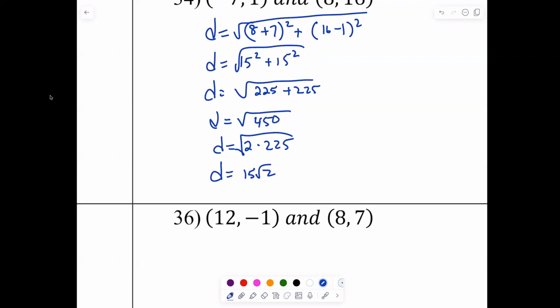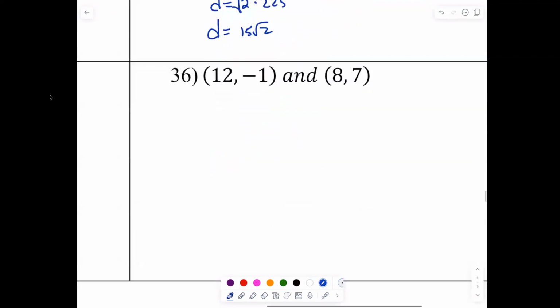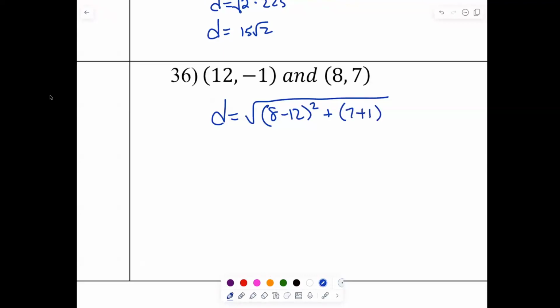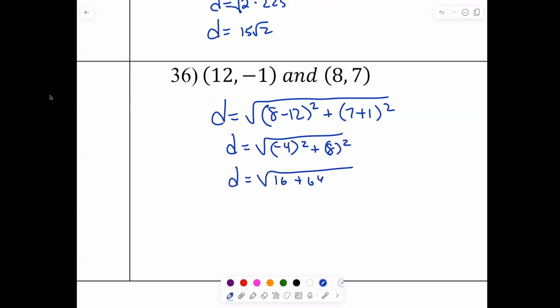All right, let's knock out 36. D equals the square root of 8 minus 12 squared plus 7 plus 1 squared. Negative 4 squared plus 8 squared. 16 plus 64.